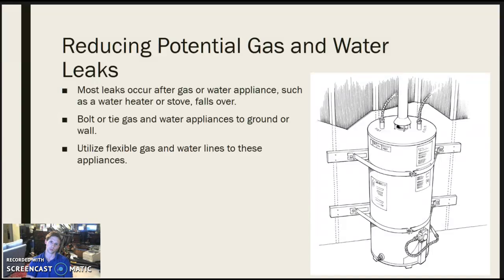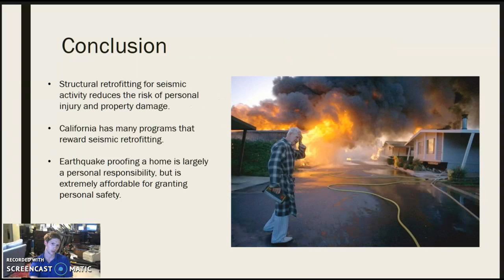That way, if the appliance and its bolting or tying connection does fail, these connections don't break and rupture, causing either gas or water to pour into your house. And that'll mitigate any sort of risk of extensive flooding or fires occurring within your house.